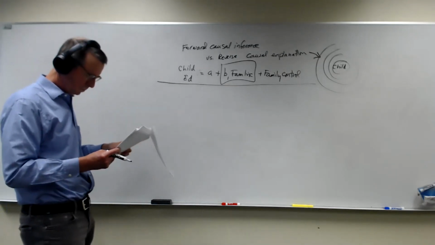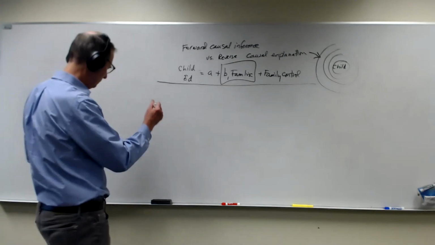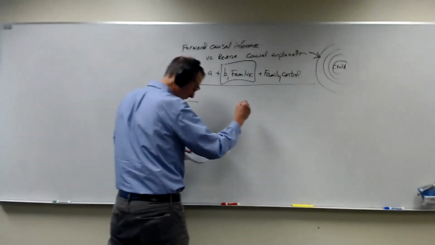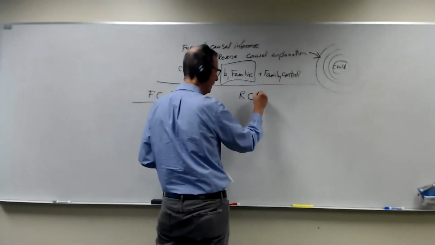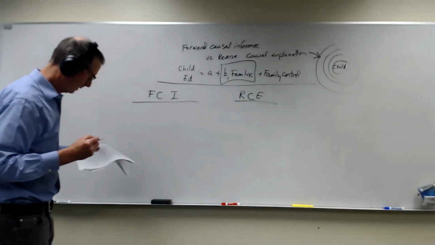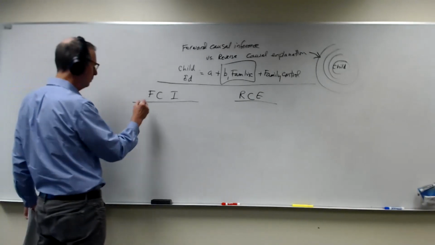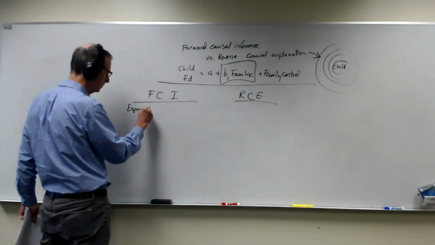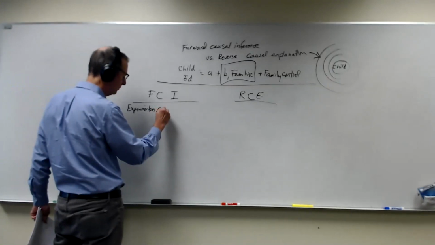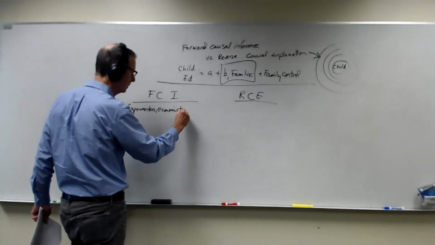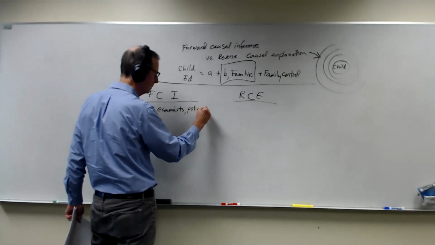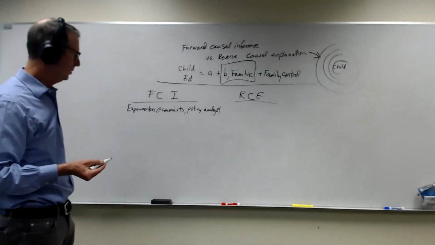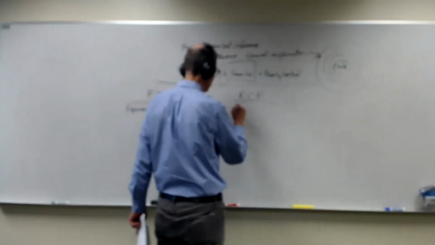So if we think of forward causal inference and reverse causal explanation, who does forward causal inference? Experimenters, economists, policy analysts, for the most part. They want to know what the effect of a policy is on outcomes like child education. Who does reverse causal explanation?